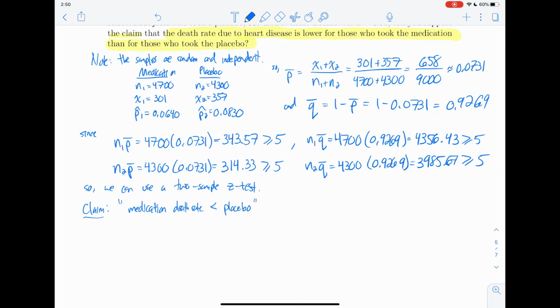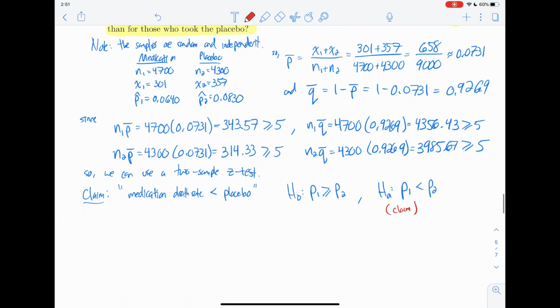A strictly less than symbol means it has to take the place of the alternate hypothesis. So the alternate hypothesis is that P1 is strictly less than P2, which makes the null hypothesis the opposite, that P1 is greater than or equal to P2, where we recognize that the way this has been constructed is that the claim falls at the foot of the alternate hypothesis.